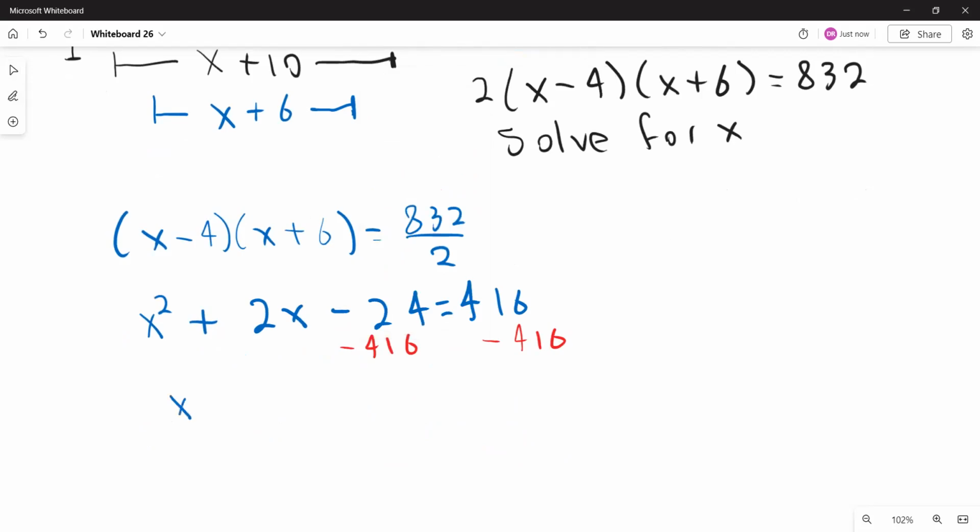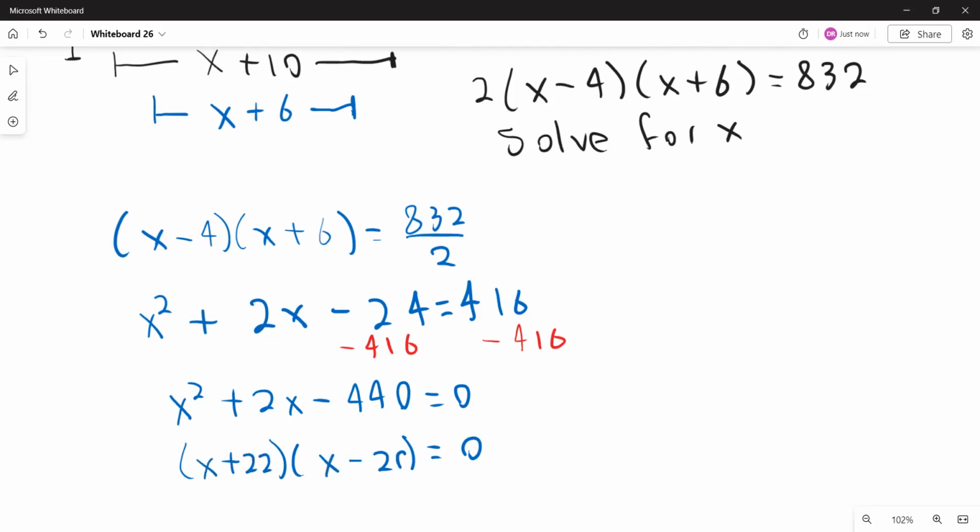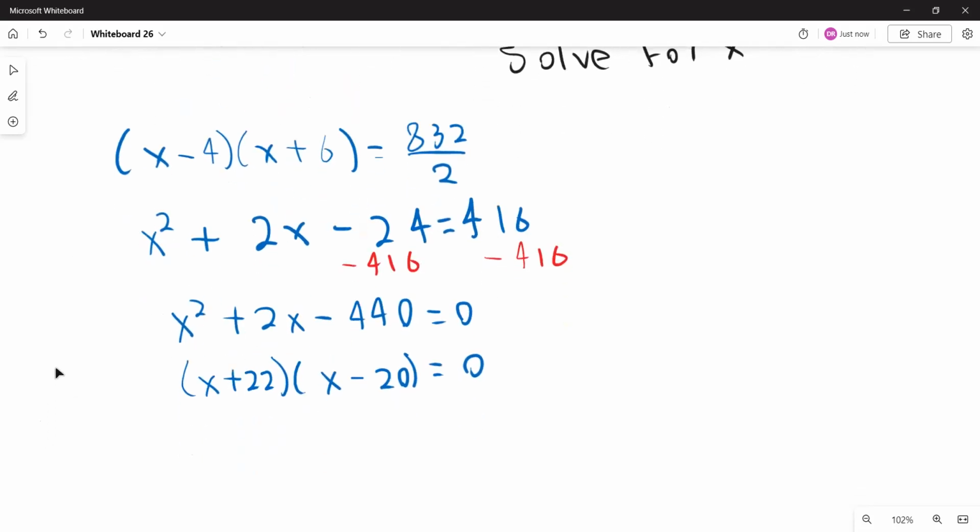So x squared plus 2x minus 440 equals 0. That's something we can do by factoring. We want two numbers whose product is minus 440 and whose sum is 2. Those are going to be plus 22 and minus 20. The solutions of that equation: x is either negative 22 or x equal to 20.